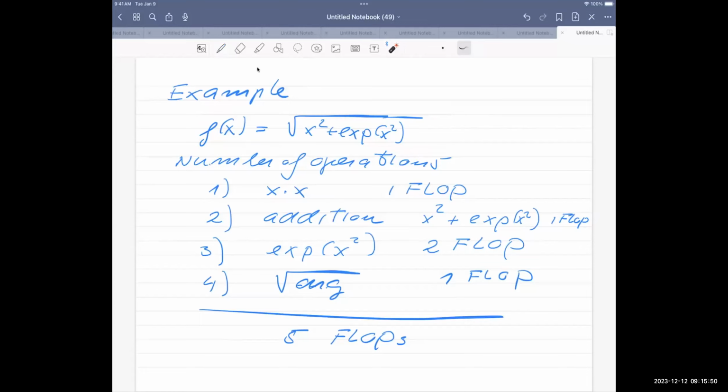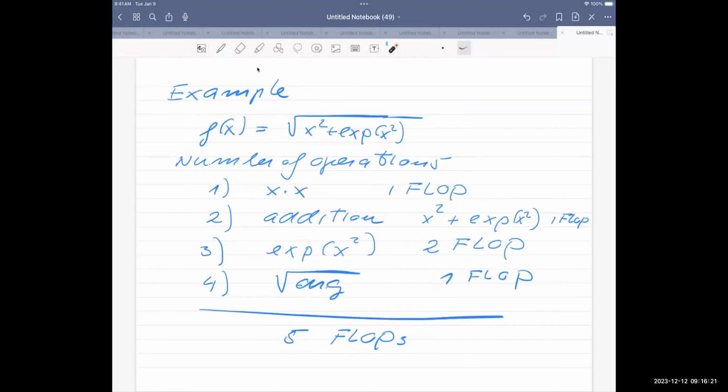And if we don't think at all and just let, for instance, symbolic Python translate this function into code in Python or C++ or other languages, then this would correspond to us having to perform 5 floating point operations, where we have simply assumed that the exponentiation of a function and also the square root is just defined by one operation.